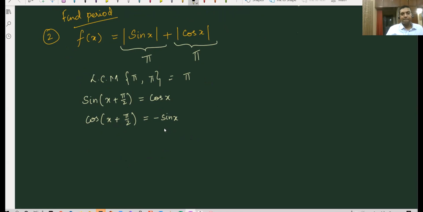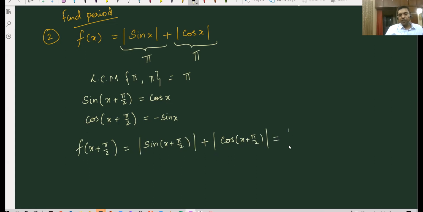However, because of the modulus, f of x plus pi by 2, what do you get? It is mod of sine of x plus pi by 2 plus modulus of cos of x plus pi by 2. So this is modulus of cos x, no problem, plus modulus of minus sin x.